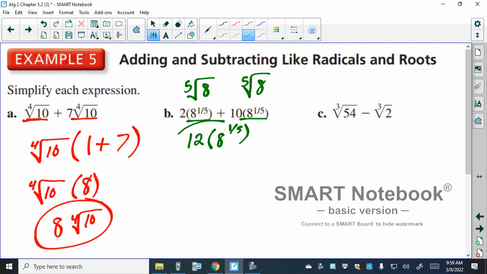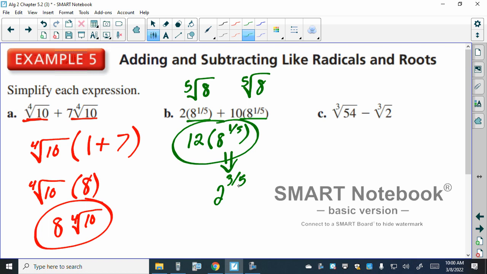Because we can't really simplify this any further, because 8 can be rewritten as 2 cubed, which is really just saying that instead of 8 to the 1/5, we could say this is 2 to the 3/5. But 3/5 doesn't simplify. It's not any simpler than 8 to the 1/5.